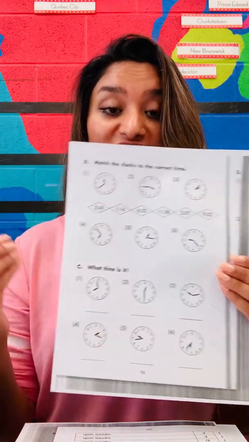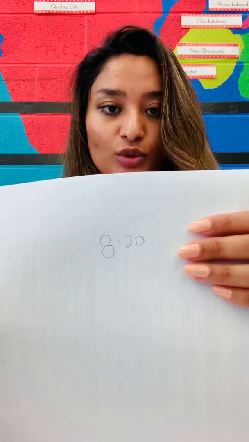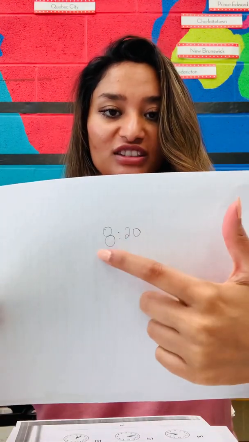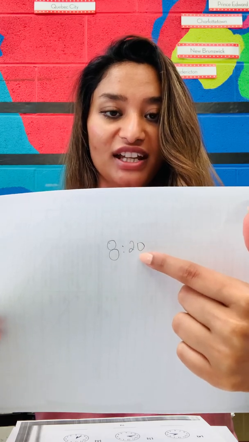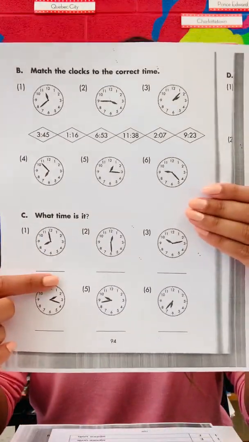You're going to tell me the hour, and you're going to tell me the minutes, remember? So this is how we write it. If the clock says 8:20, you will write 8:20, right? The hour comes first, then there are 2 dots, and then your minutes. So that's what you have to do for the second question.